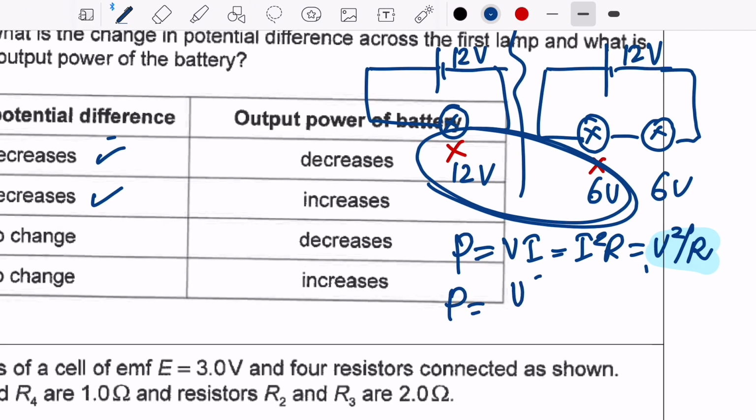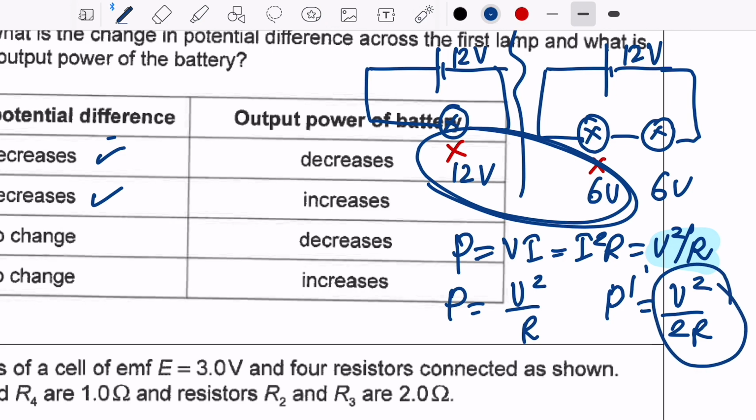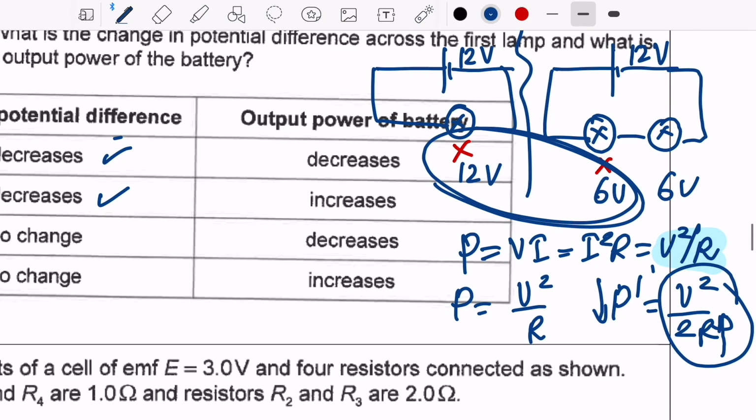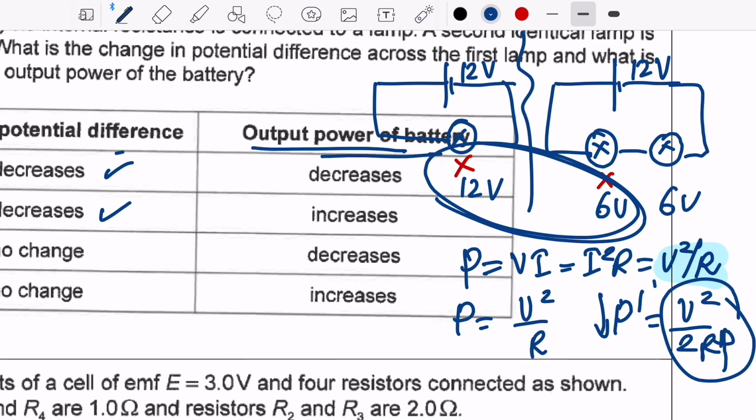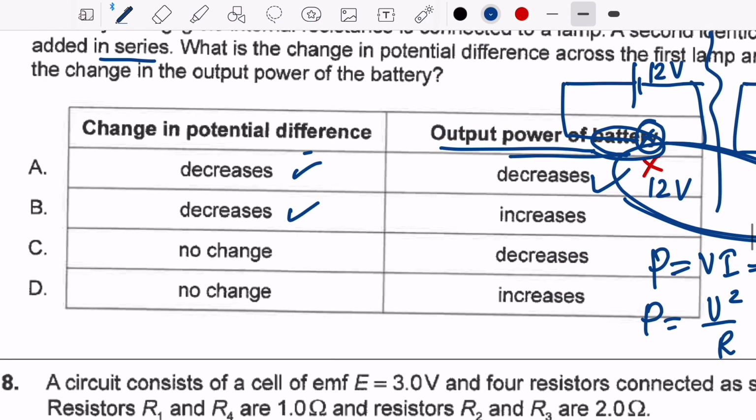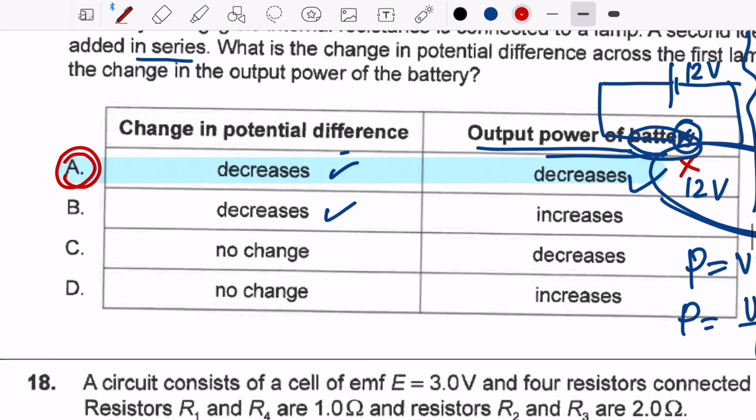Power equals V squared over R. First situation, power in second situation is V squared over 2R. Obviously this is smaller because resistance is higher, power goes down. So total power they are talking about, output power of the battery, whole circuit, has to decrease. So answer for this one has to be A.